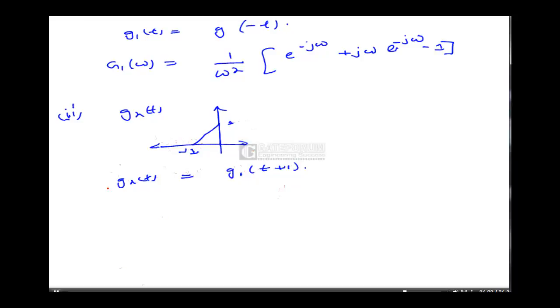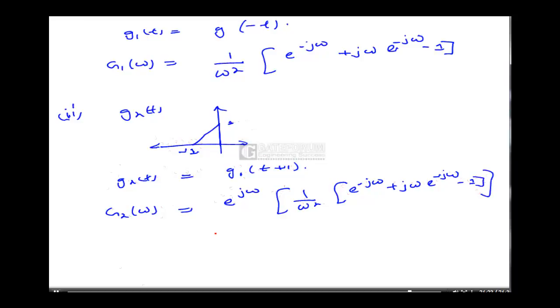So using the time shifting property, we can find G2 of omega: e to the power j omega times 1 by omega square, e to the power minus j omega plus j omega e to the power minus j omega minus 1. So that will become 1 by omega square, 1 plus j omega minus e to the power j omega. Okay. So this is my G2 of omega.